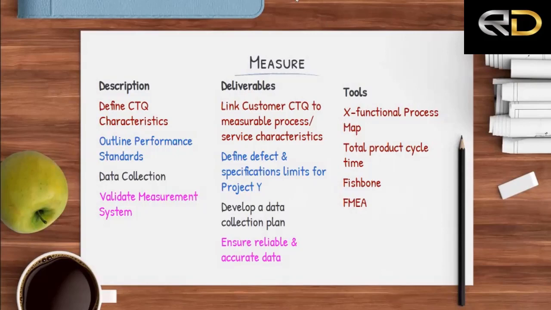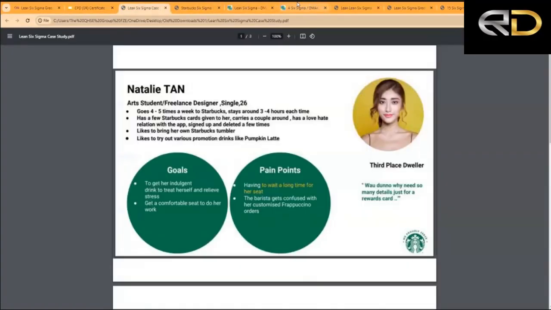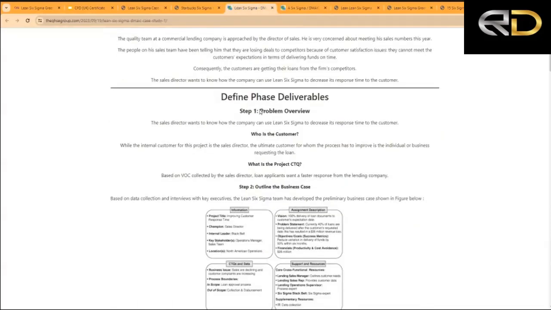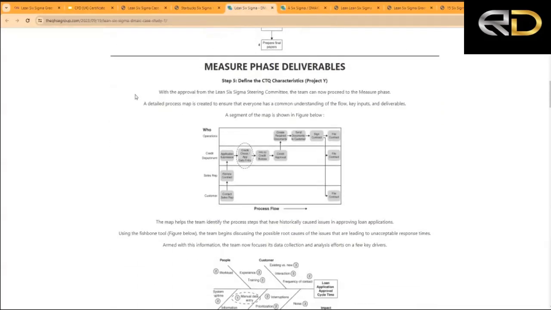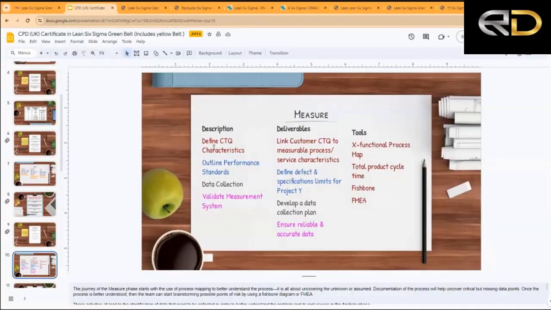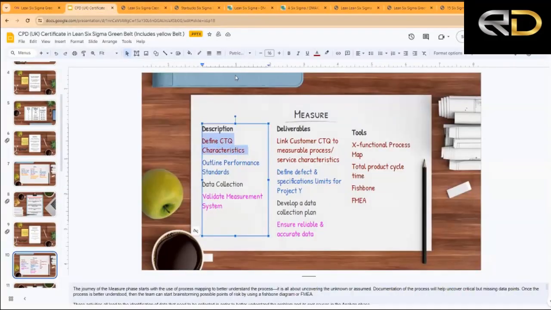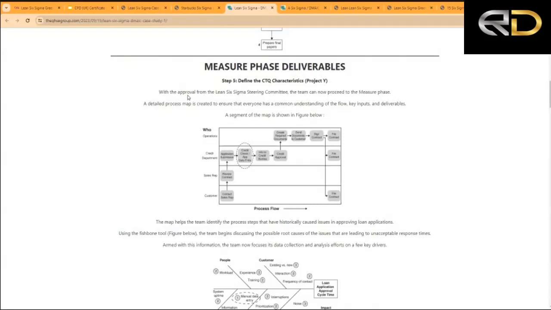After that, let us go over here and look at how that was actually done. So this is now the define phase. Let us look at the measurement phase. The first step is to define the critical to quality characteristics. That is step number 5, which we have here.